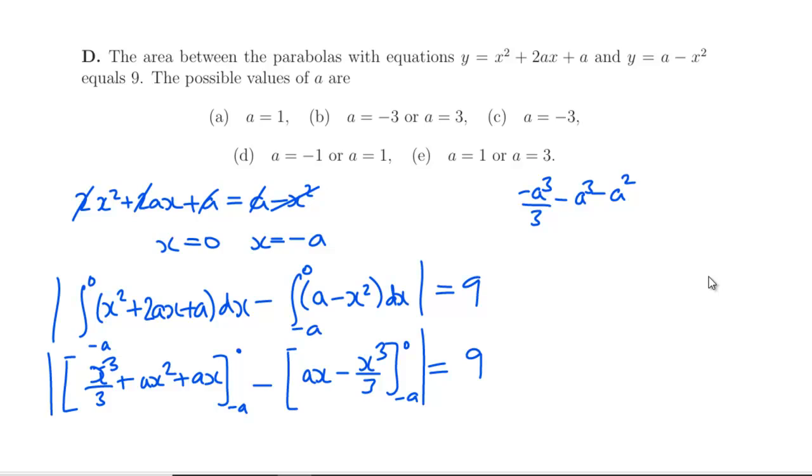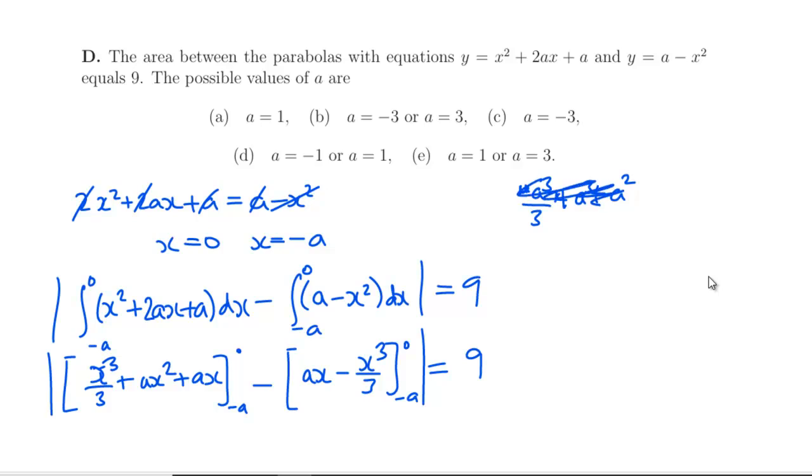That would be a minus a cubed over 3, but then we're subtracting it off, so that would be a plus, and that would be a plus, and that would also be a plus. So they're all pluses, the way I've got it written anyway. Then the middle one's going to be a minus, isn't it? Because we're squaring it. Oh, good grief.